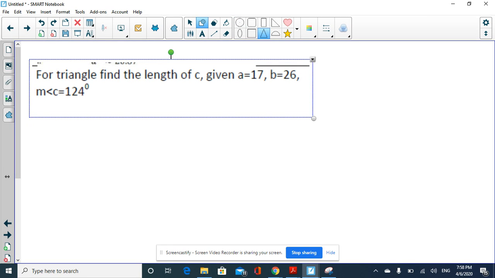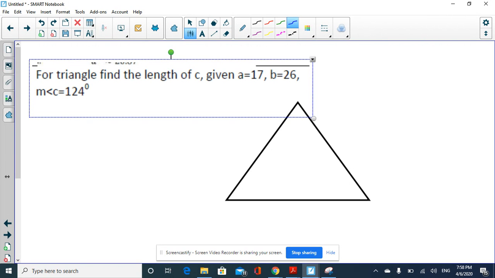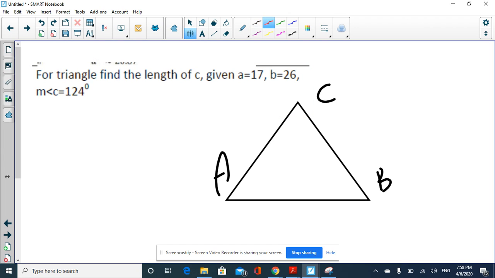It's a scalene triangle, so maybe it looks like this one: A, B, C. The measure of angle C is 124. Side a is opposite to angle A, so a is 17. Side b is opposite to angle B, so it's 26.